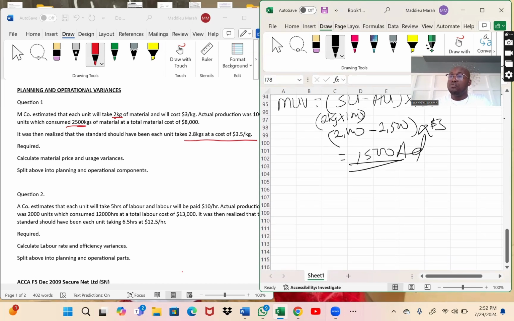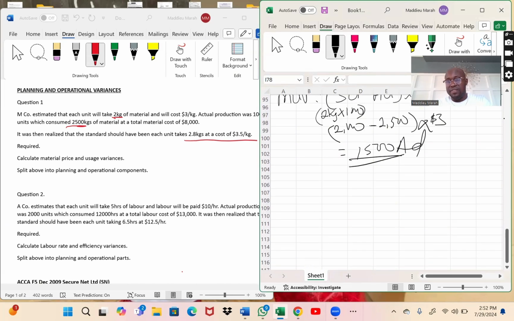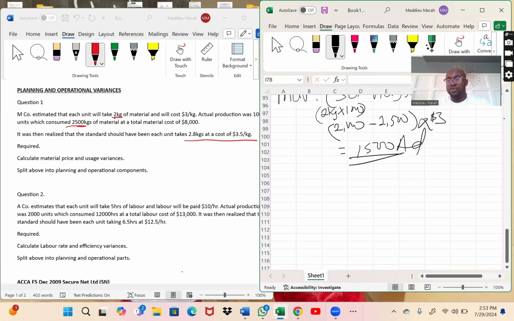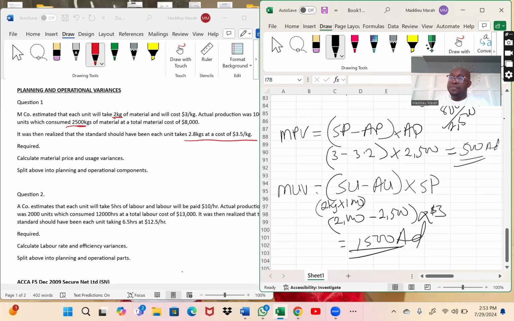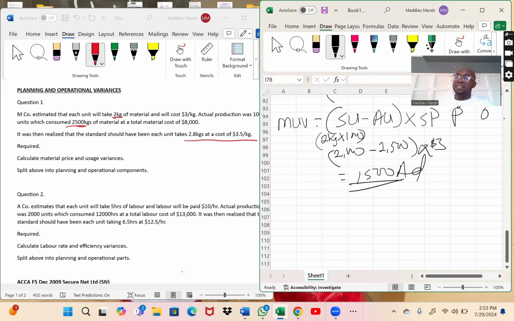Now, let's move to our advanced variance calculation, which is the planning and operation. Remember, I told you this material price variance can be divided into 2, planning and operation. Also, the usage variance can be divided into 2, planning and operations.